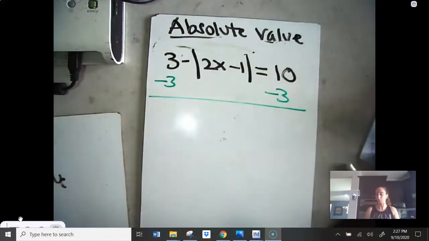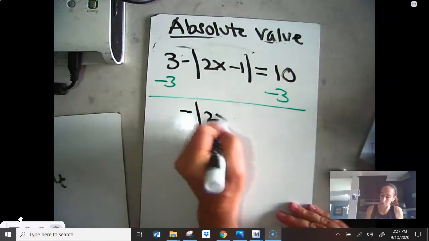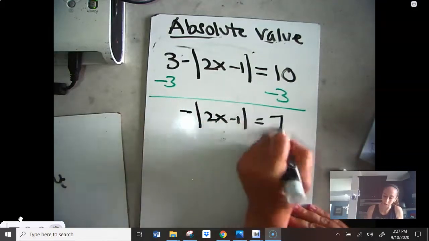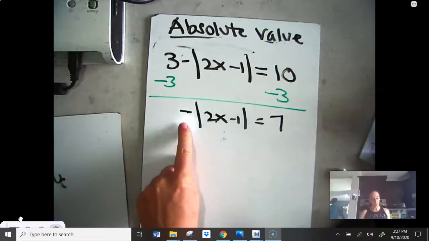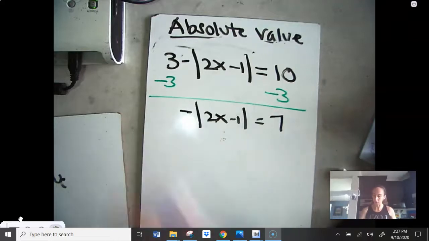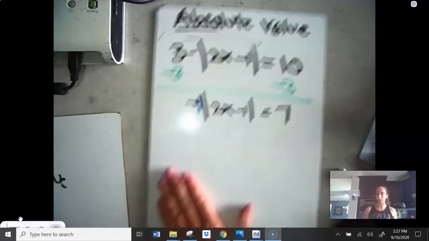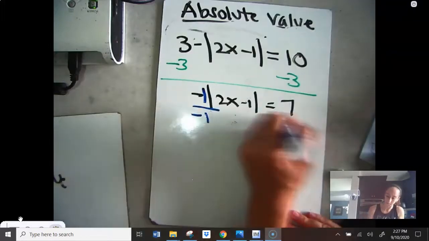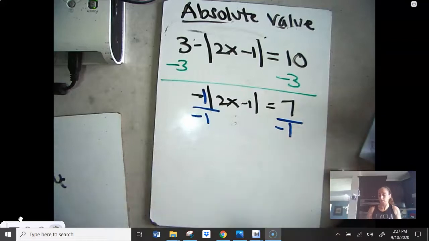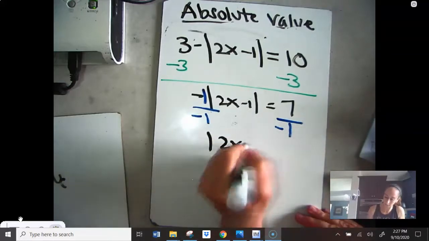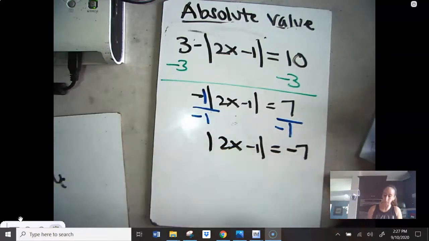Then I'd be left with negative absolute value of 2x minus 1 equals 7. But I have a negative there, which means there's an imaginary negative 1. It's touching. Touching means multiply. The opposite of multiply is divide. And I would get the absolute value of 2x minus 1 equals negative 7.